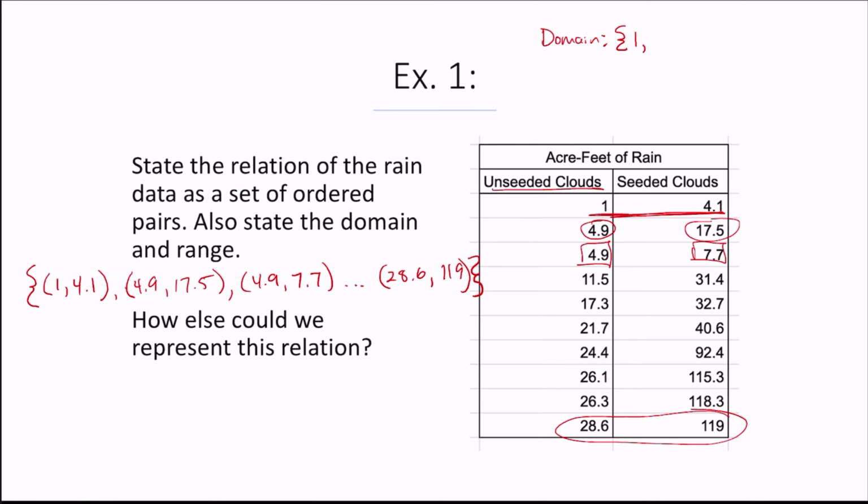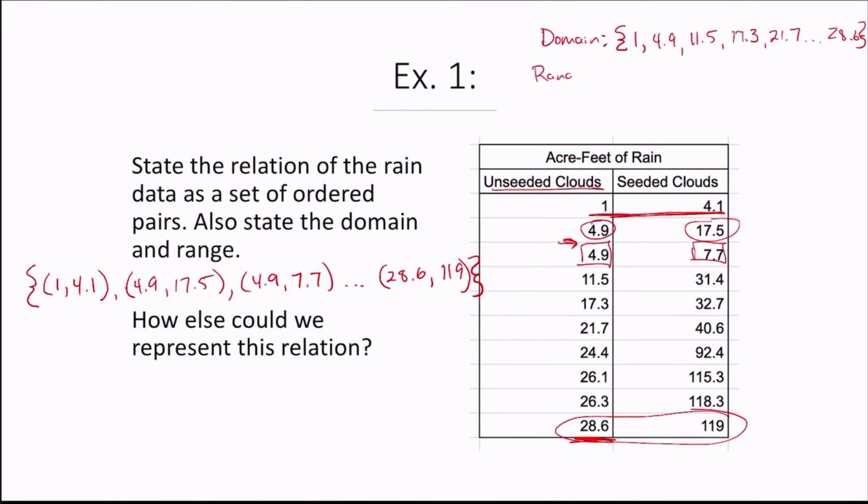In the case of 4.9, which repeats, we only have to write that once. So 1, 4.9, 11.5, 17.3, 21.7, and I'm running out of room, but you should write all of these on your notes, all the way down to the last one in this column, 28.6. And close your set.